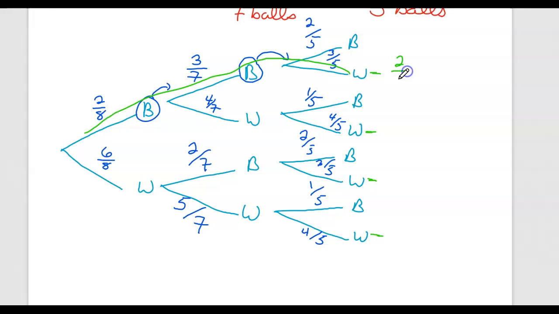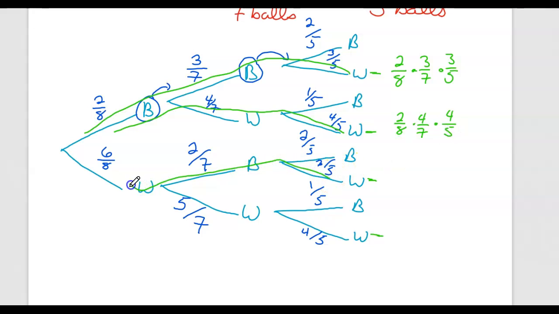So I have a 2/8 times a 3/7 times a 3/5. This branch comes here. So I have a 2/8 times a 4/7 times a 4/5. This branch comes here, which will be a 6/8 times a 2/7 times a 3/5.